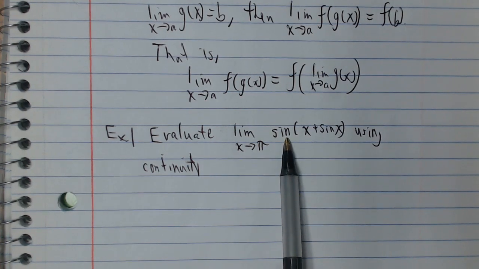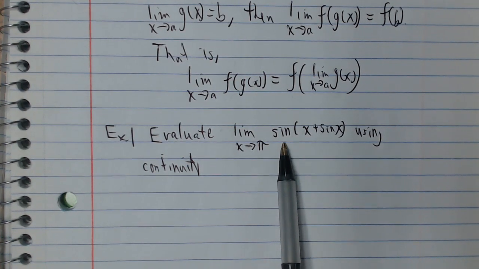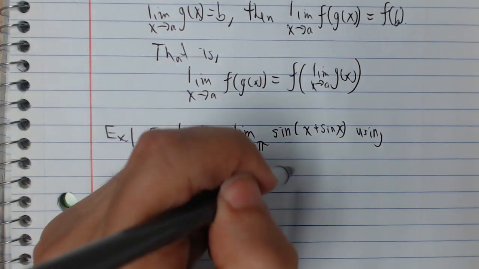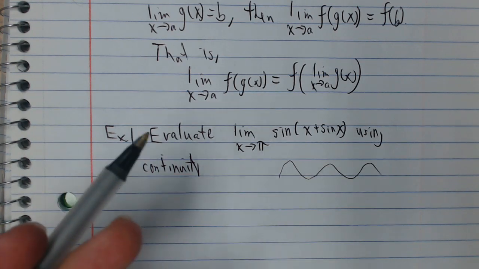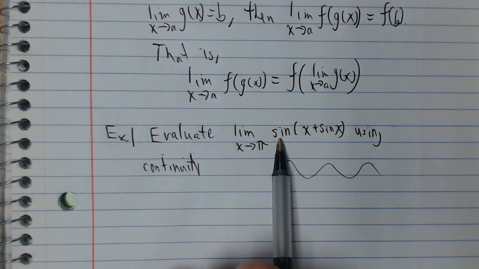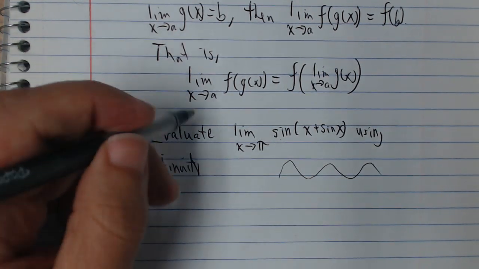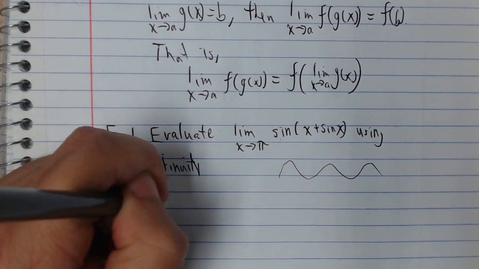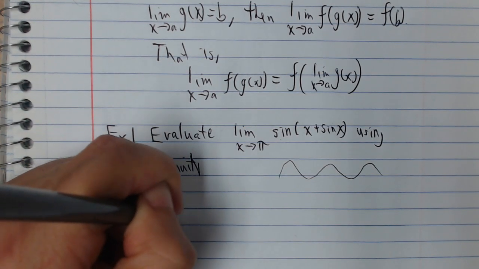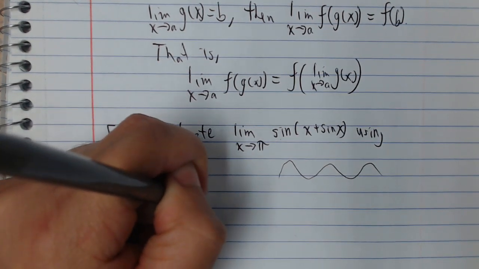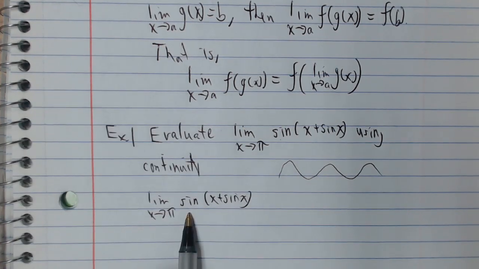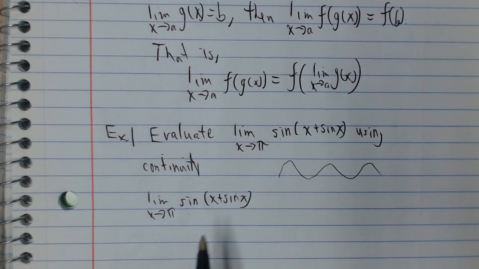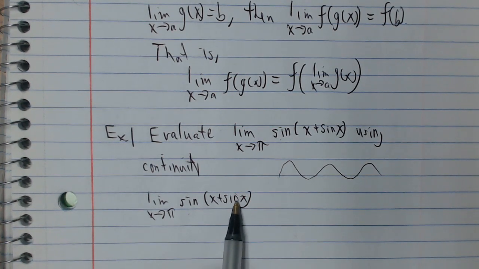So here's the good news. Since sine, if you think about the graph of sine, is never discontinuous. In fact, the graph of sine, if you remember, looks like this, and so it's always continuous. It'll never have discontinuities. So since sine is continuous, we could say, look, the limit as x approaches pi of sine of x plus sine of x. Since sine is continuous everywhere, no matter what this spits out, this will never be undefined.